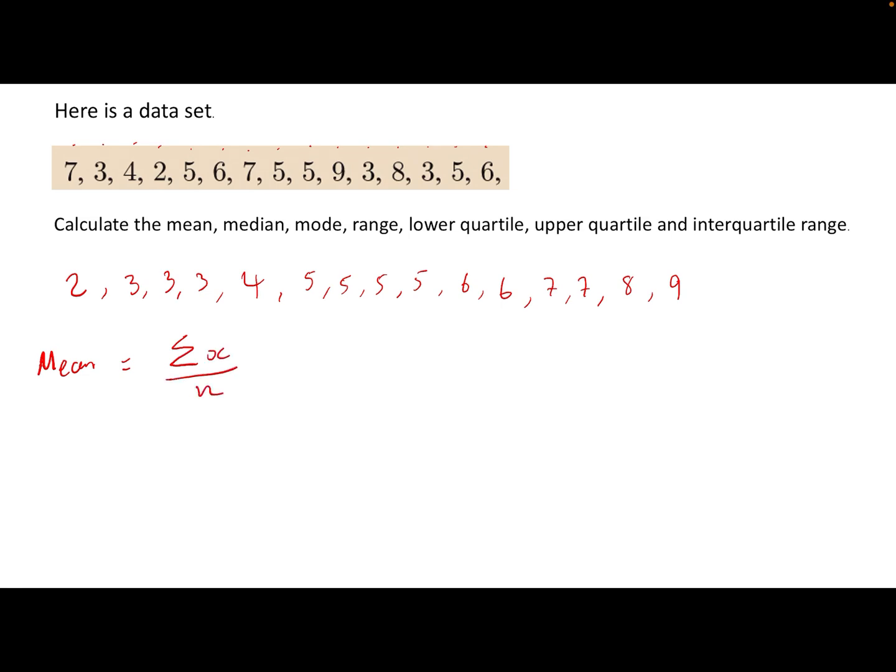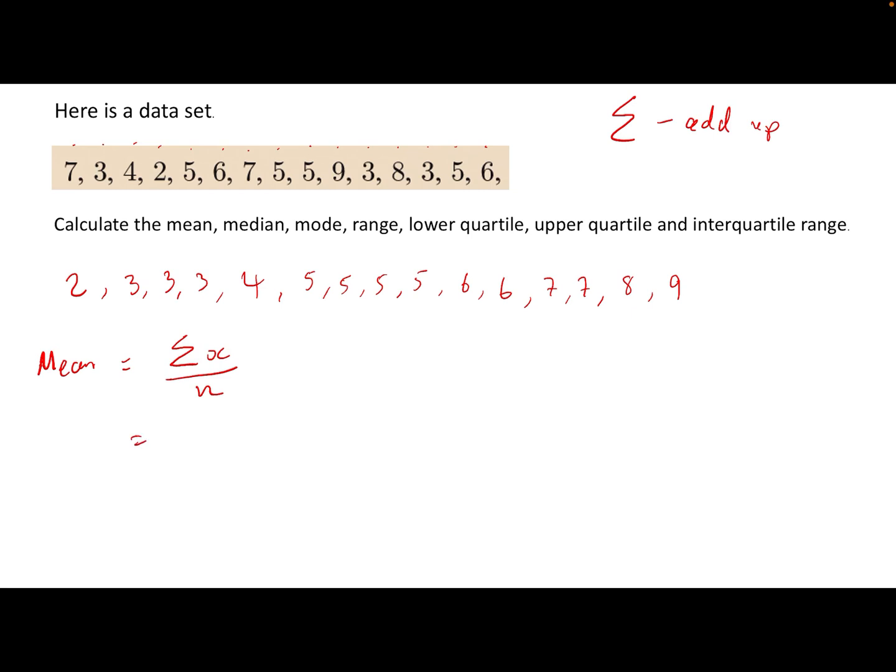What that means is this funny symbol here, sigma, means add together, add up. So it's saying add up all the x values. We've said all the bits of data in the set are x values. So add up all your x values, and then divide by n, where n represents how many numbers there are. And you could just simply use a calculator.